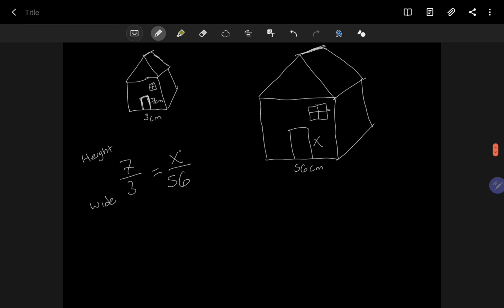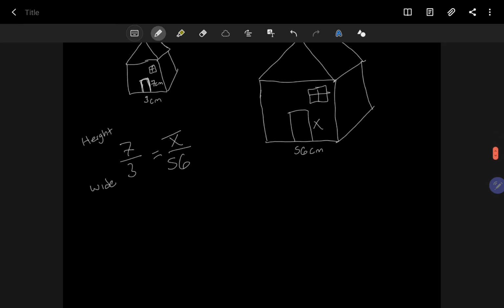We cross multiply: 3X equals 7 times 56. What is 7 times 56? 392. Now I just divide it by 3.